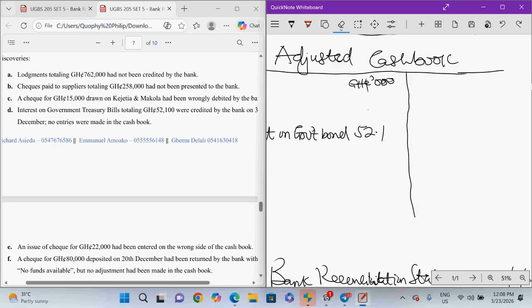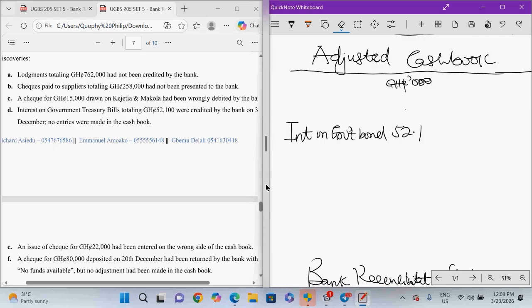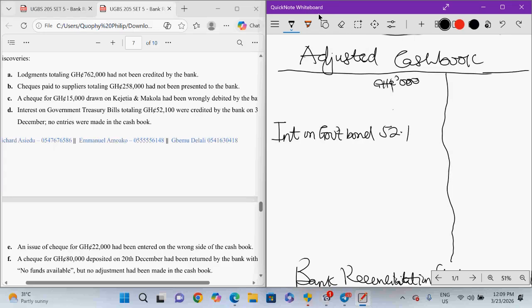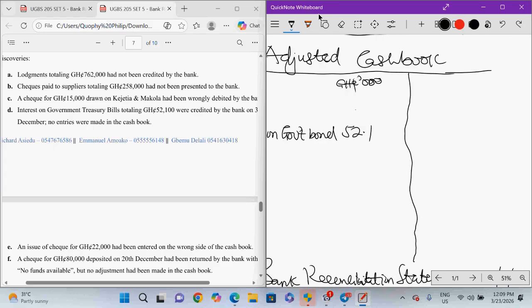So what name should we give to this correction? Or should we say error corrected? Error of what?